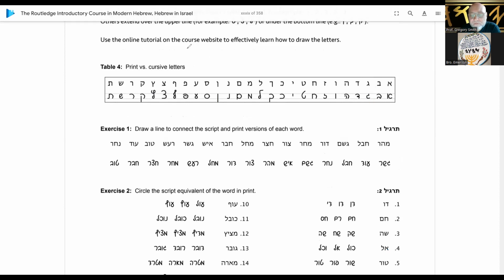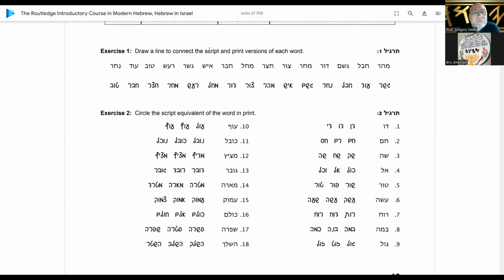Okay, so all of these have a form of that. So we got to go to the next one. There's a vav. They all have a vav. So you know it's going to come down to this right here, the lamed.